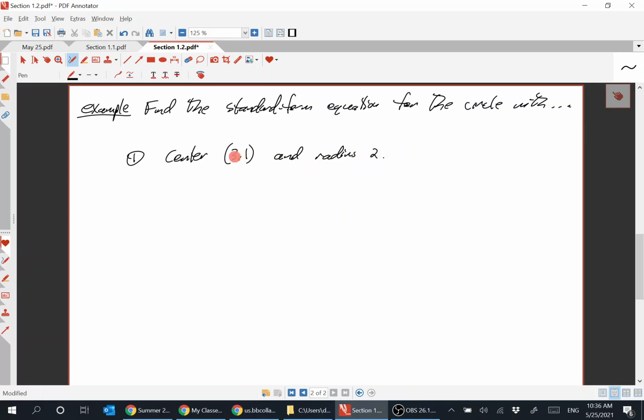Well, this is the h, this is the k. So this is (x minus 3) squared plus (y minus 1) squared equals 4. So there's your standard form equation.